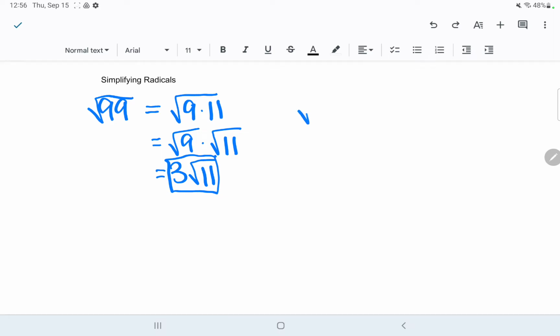For my next example, I'm going to do the square root of 192. Now, for me, I can't think right away of a perfect square number that divides easily into 192. So instead, I'm going to divide this by a number that I know divides into 192, and that is 2.